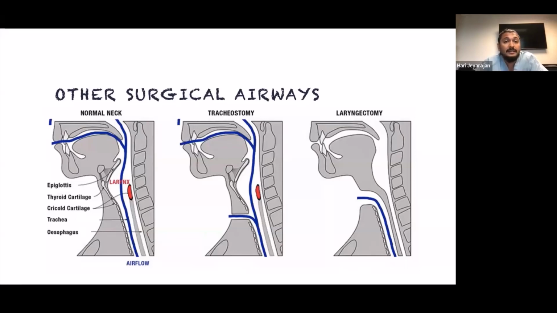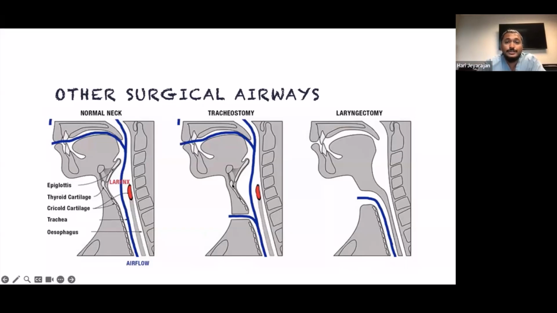Immediately above that, people will always be able to feel a small depression, and that's the cricothyroid membrane. So in the setting of an emergency where you cannot get an airway from above and the patient is decompensating, the safest and easiest way to get an airway is to make an incision straight through the skin, through the cricothyroid membrane. There are no vessels there that are going to get in your way. There's no thyroid, and that'll take you straight into the airway.